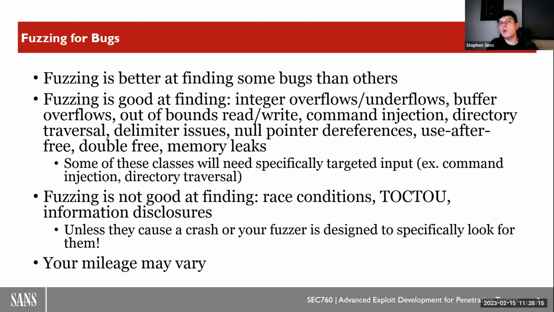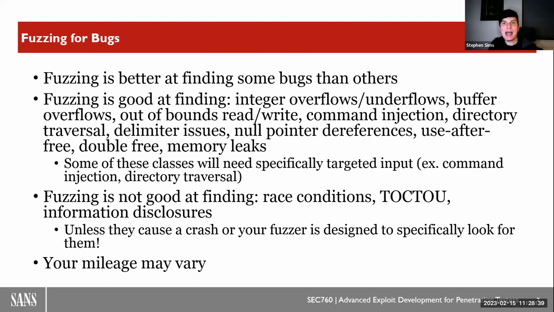Now, let me give you an example as to why certain types of bugs are hard to find with fuzzing. Notice it says information disclosures. When we think of fuzzing and when we think of a crash condition, it's usually when our fuzzer caused a process to crash or hang.